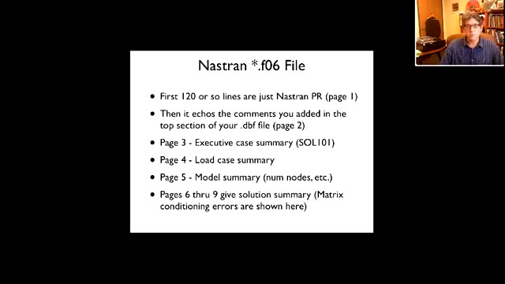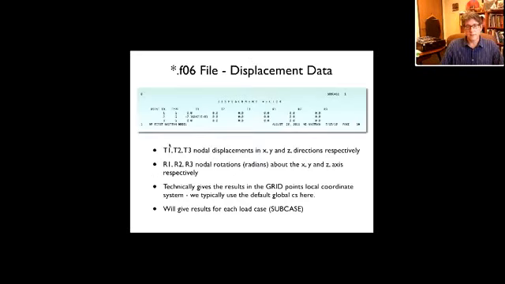And if the conditioning is really poor, it will not solve, or it'll give you errors in the solve. So looking at pages 6 through 9 will give an indication of how good the linear solve was, and if you have any conditioning problems. Again, we'll talk about a little bit of that in Chapter 5, I believe. But really, that's summary stuff.